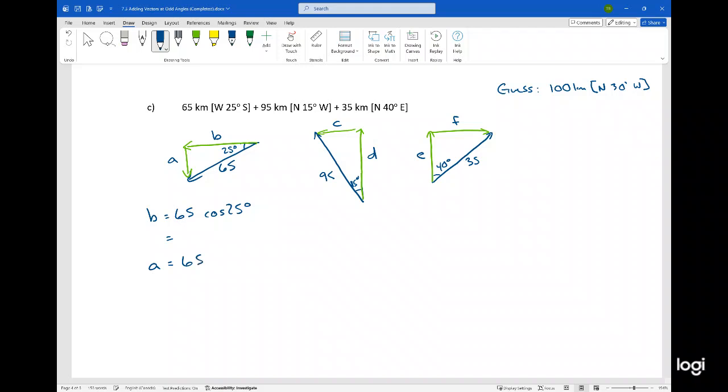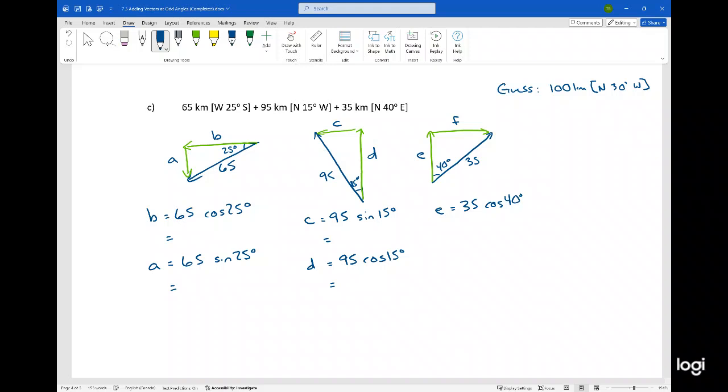A is 65 sine 25. For this one, C is the opposite, so that's going to be 95 sine 15. And D will be 95 cos 15 since it's adjacent. And the last two, E is going to be adjacent, so that's going to be 35 cos 40.